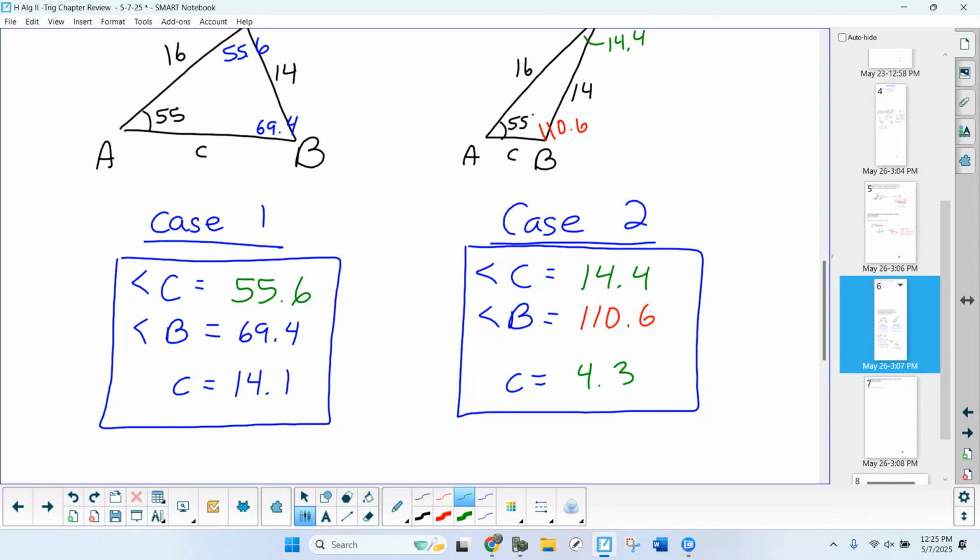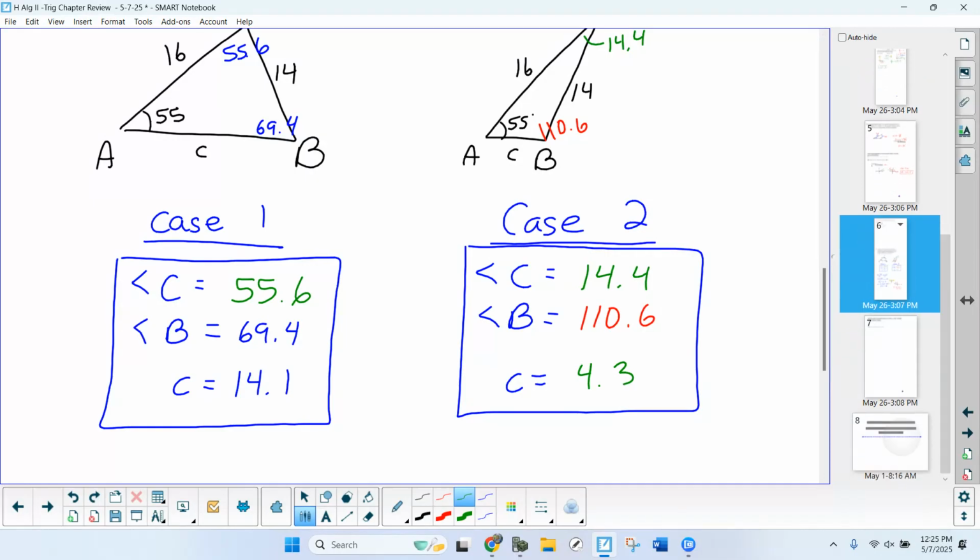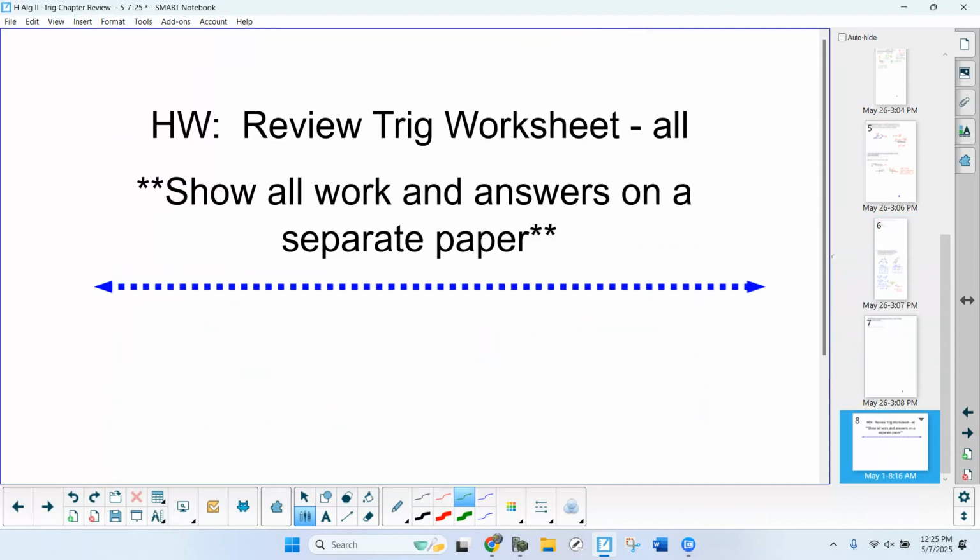All right, homework tonight. Please show all work on a separate sheet of paper. Now let me pass this out before you put it away because I want to talk about something. All right.